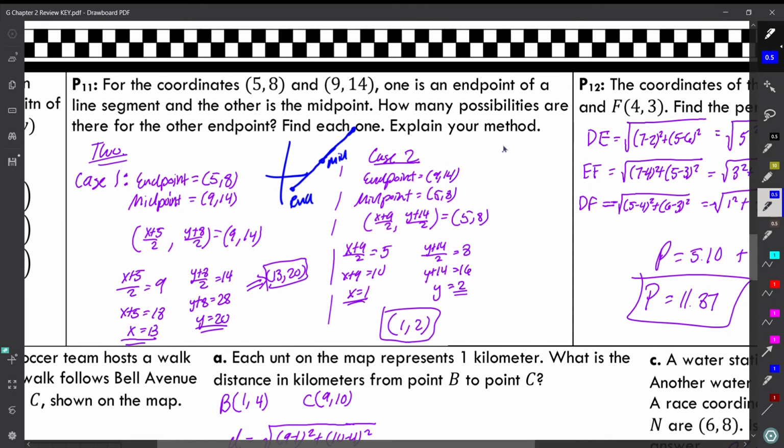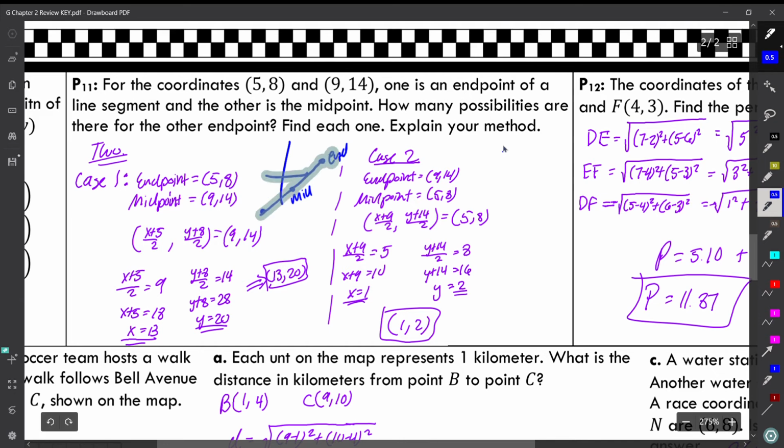There's only one other possible way it could be. If I erase this, and now I let this one be the endpoint and this one be the midpoint, the only other way I could go is this way, right? And I'd find the other one in the other direction, and that's what we're doing here.